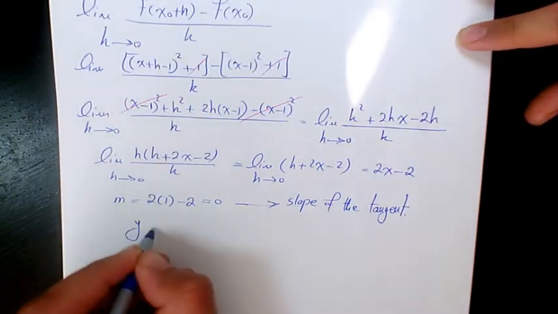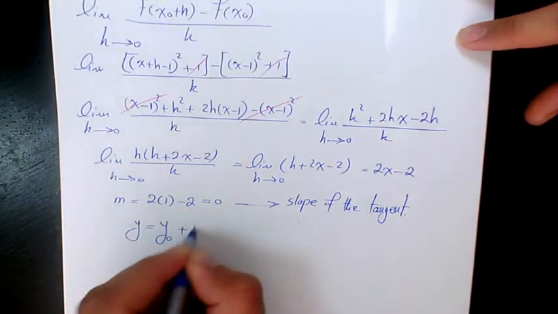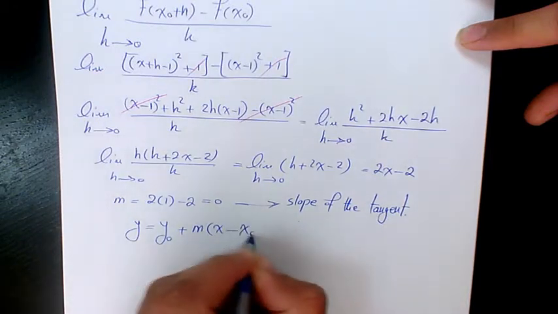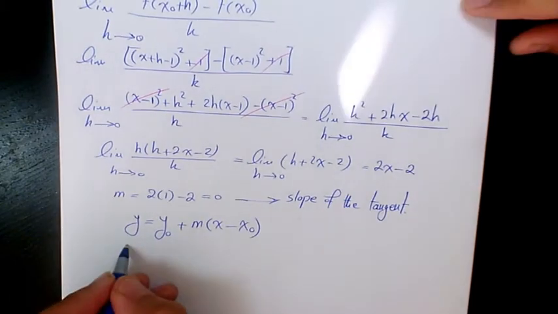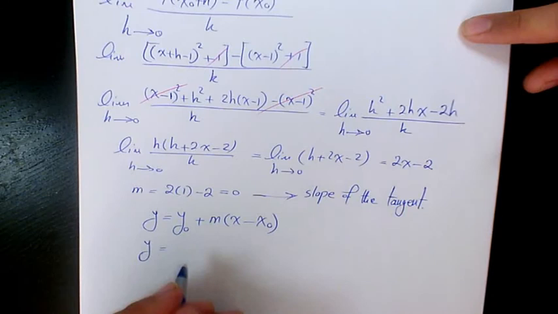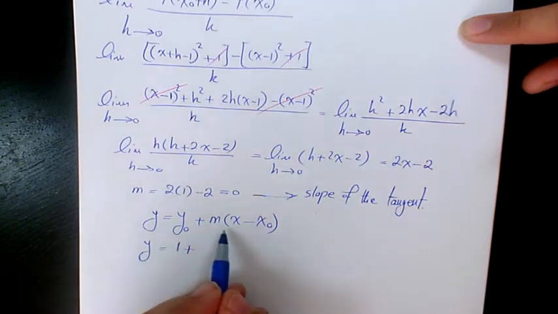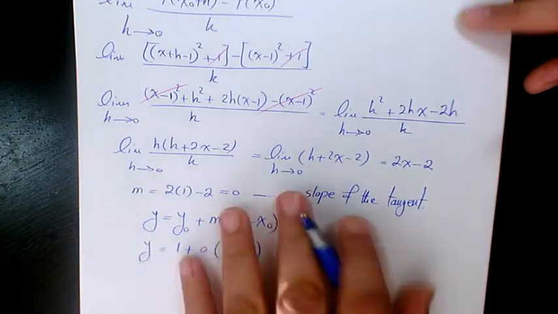So we have y equals y naught plus m times (x minus x naught). This is the equation of the tangent line. So y equals y naught, which is given as 1, plus m, which is 0, times (x minus 1). Again, x naught is coming from here.